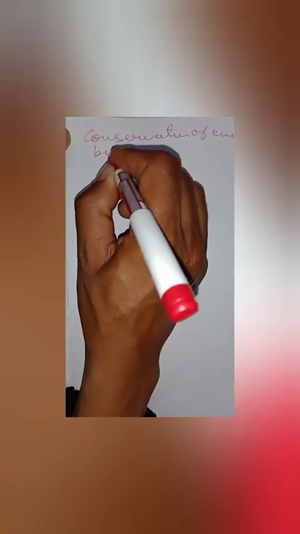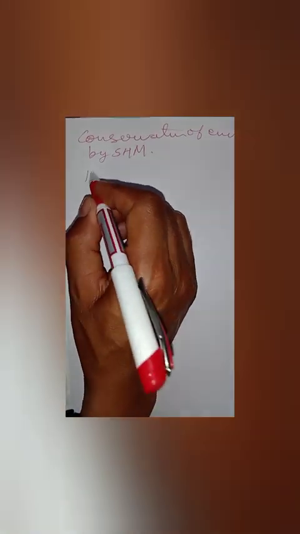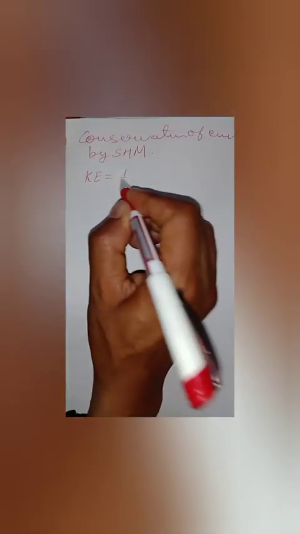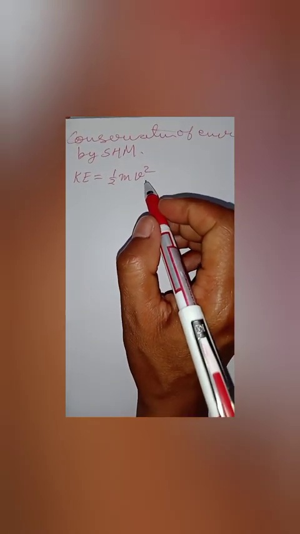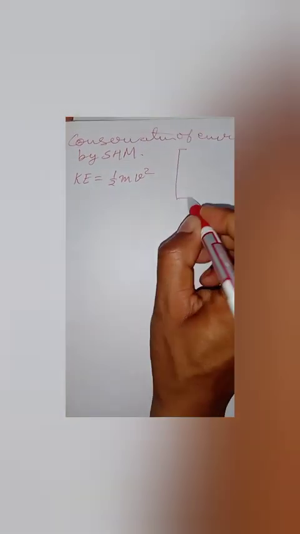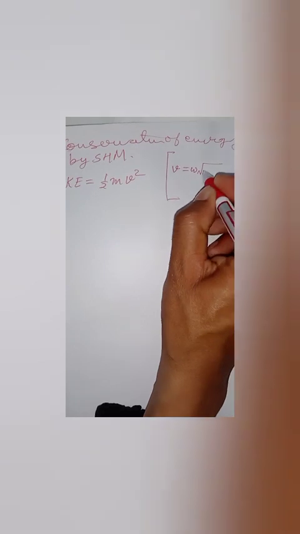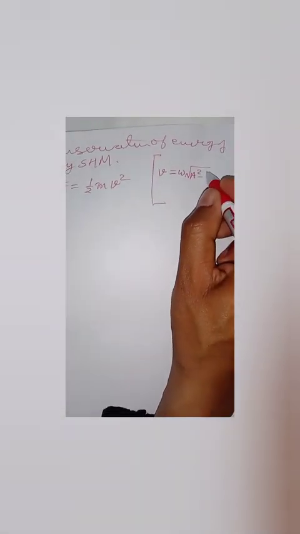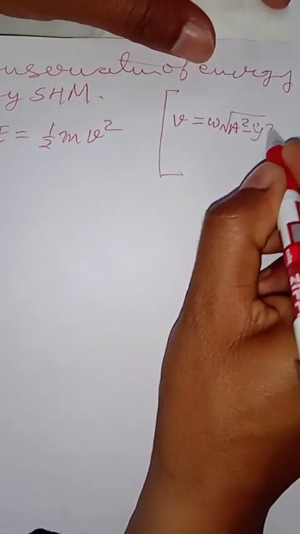Now, conservation of energy in simple harmonic motion. We know that kinetic energy is equal to half mv square. Now here, what is v? Just memorize this: v is equal to omega root a square minus x square, or y square. So remember this, v equals omega root a square minus y square.